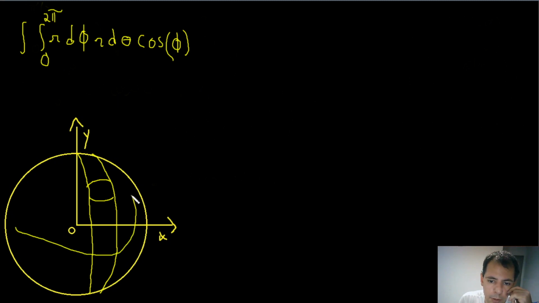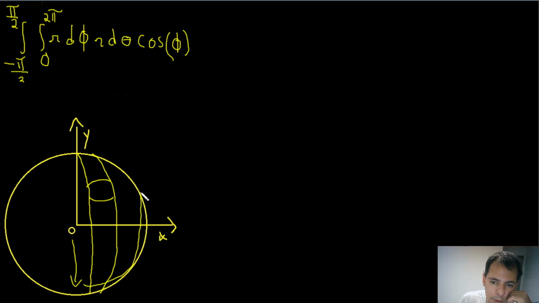Now phi is just going to go from minus pi divided by 2 to pi divided by 2, right? It's going to sweep from here, minus pi divided by 2, and keep going until it gets to about here, pi divided by 2.